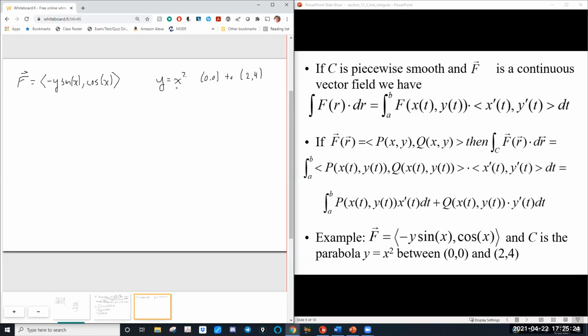So what we're going to need is a parameterization of this in order to work this problem. As you guys start to work problems, one of two things is going to happen. Either you'll be given the parameterization, or you're going to be parameterizing something that you can handle, something like this, which I'll show you in a second, or part of a circle.